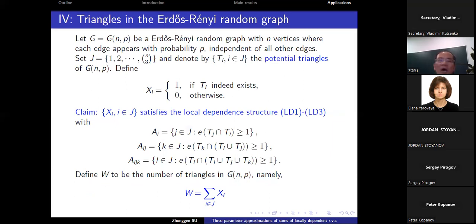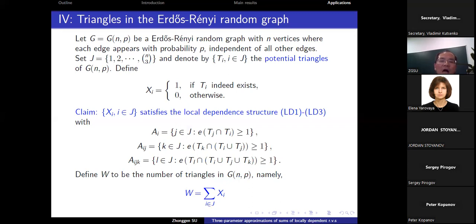Finally, I want to consider the triangles in the Erdos-Renyi random graph. This is a classical problem in random graphs. So capital G stands for a classical Erdos-Renyi random graph with n vertices, and each edge appears with probability p independently of each other edge.